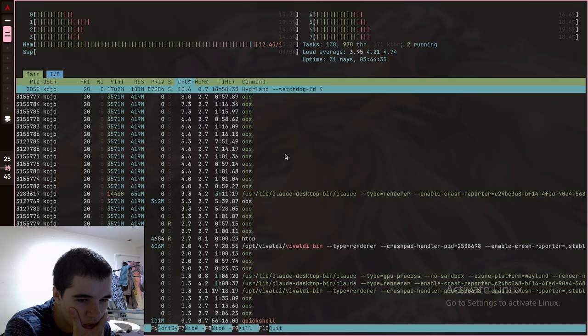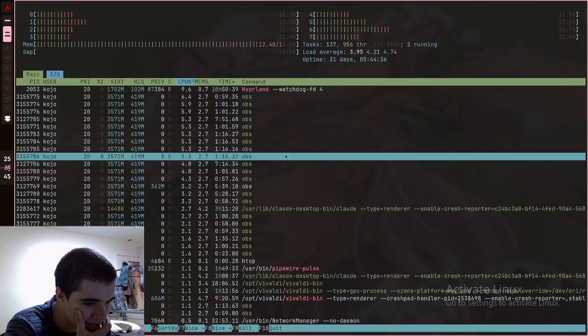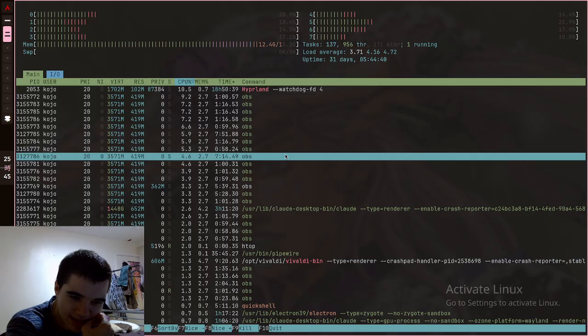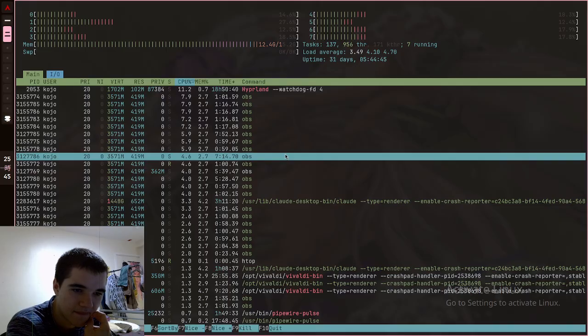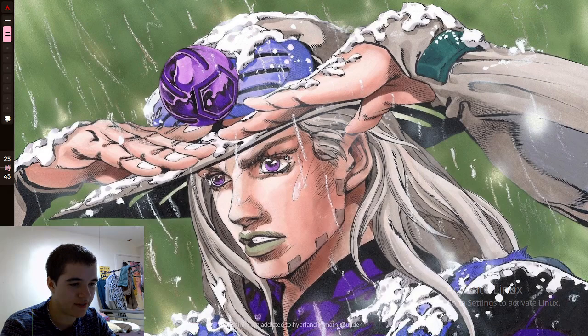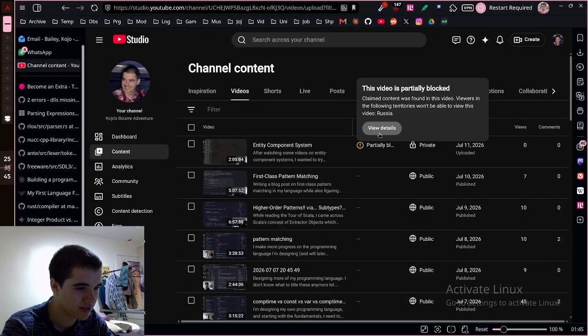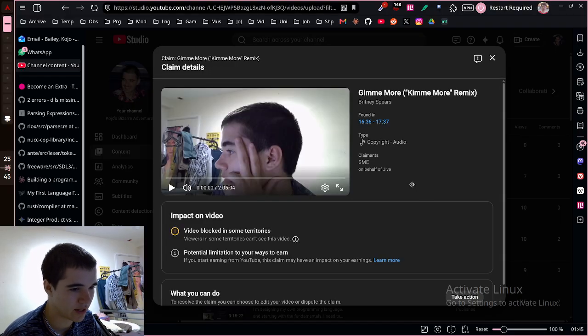Hyprland watchdog. Okay, OBS. So is it just OBS then? But it shouldn't be using this much. I'm using Obsidian, for Christ's sake. I don't know. I think it's just overheating and that's causing it to slow down. Oh, partially blocked. Seriously? Is this like when I was scrolling reels?